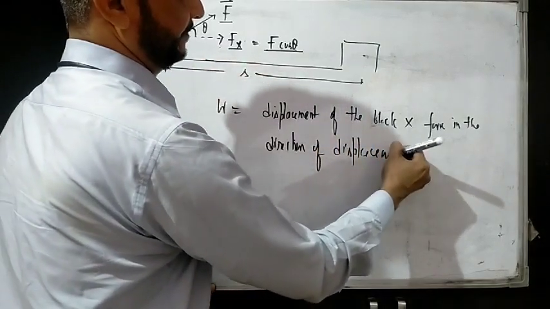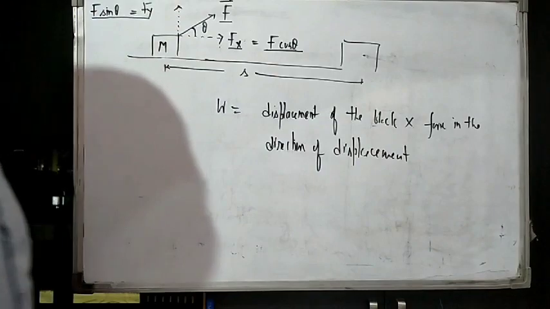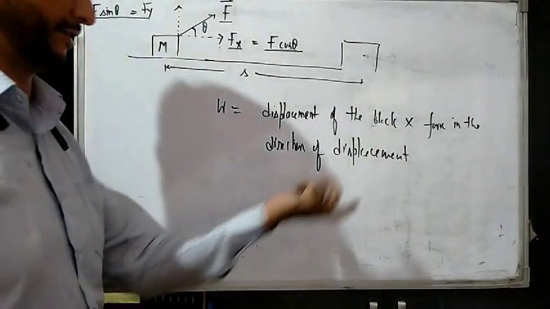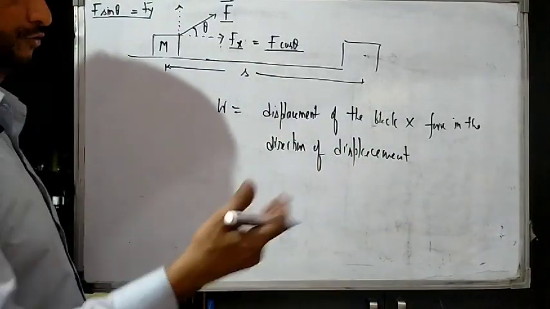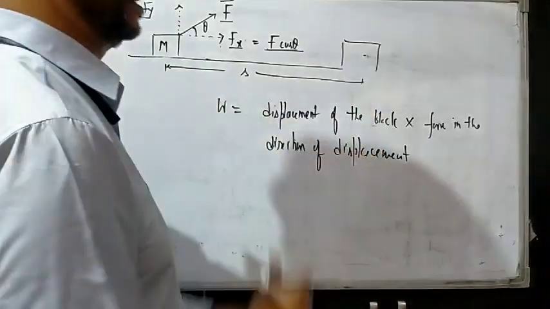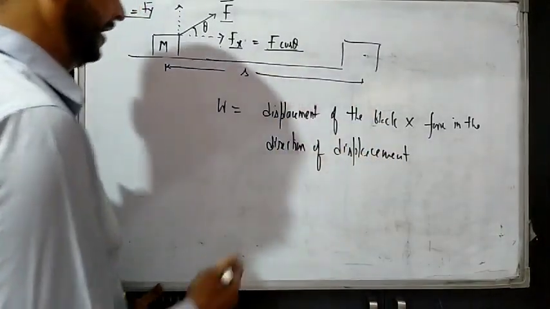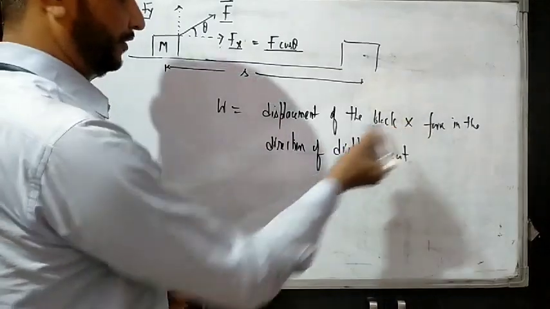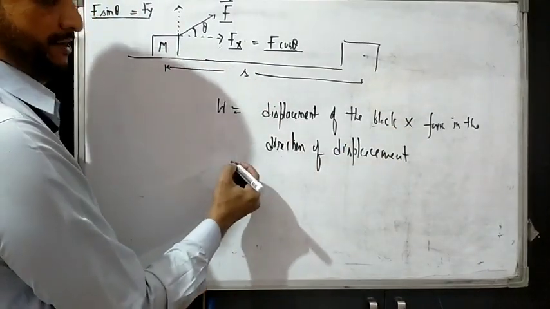This is another way. Or you may say that now I am going to take up the vector version of the formula you learned in the previous slide, that W is equal to F into S. This is displacement of the block into the force in the direction of the displacement.